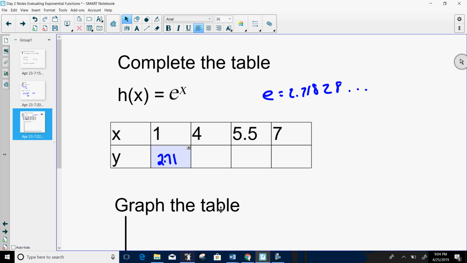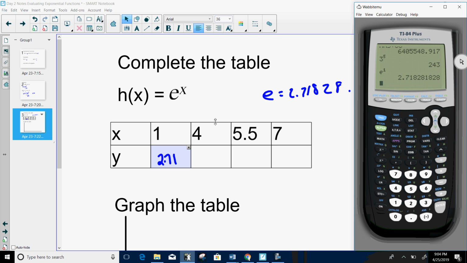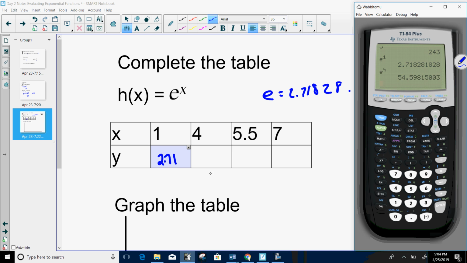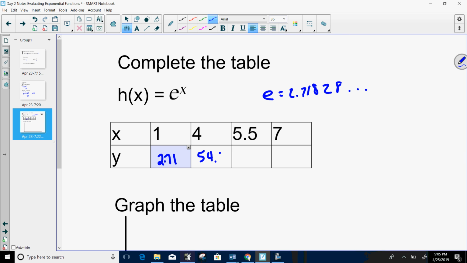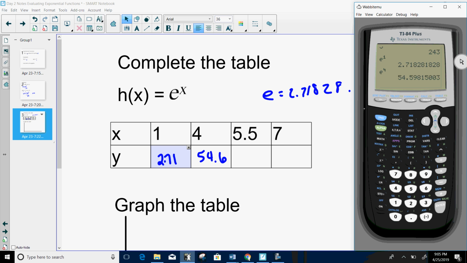Okay? Now we're going to go back to the calculator, and we're going to type in 4. So we're going to do second, LN, and then do 4. And then hit enter, and you get 54.59 or 54.6. So this would be 54.6. And then you do the same thing with the calculator again, this time with 5.5. So you do second, natural log, 5.5, and hit enter.